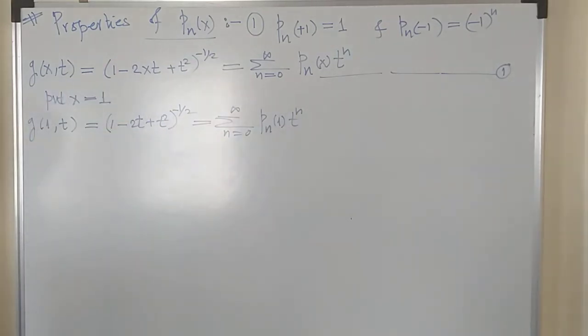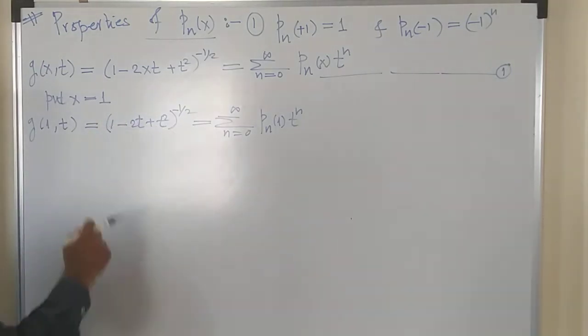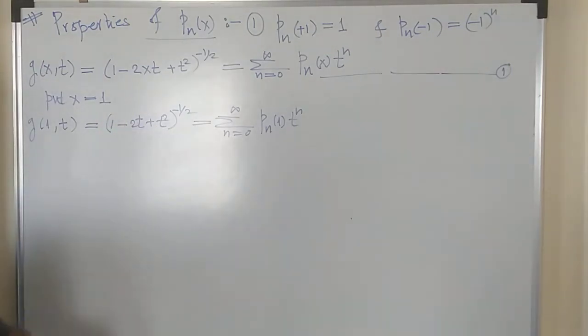Now let's go for that. To do this, I need not write g(1,t). What is this 1 minus 2t plus t square? It's a perfect square, and it is the square of (1 minus t).